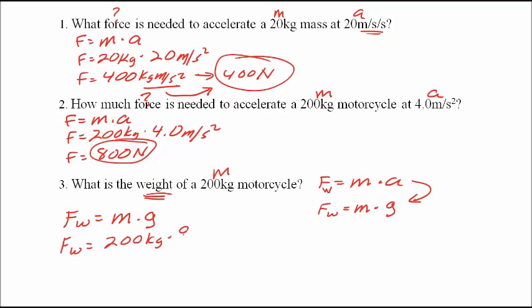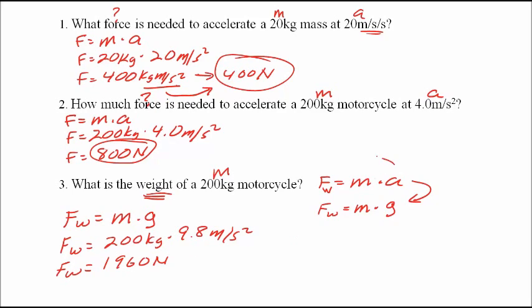And so that's going to be 9.8 meters per second squared. And so the force of weight here is simply 1,960 newtons. And if you want to round that off to 2,000 newtons, that's fine. So there's the force of weight.